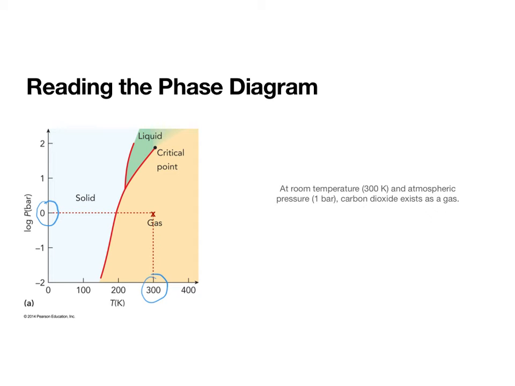When I put these together, the point corresponding to those is here, right in the middle of gas. And so, as we would expect, at room temperature and pressure, carbon dioxide is a gas. That's what we're exhaling. I'm glad it's not a liquid.